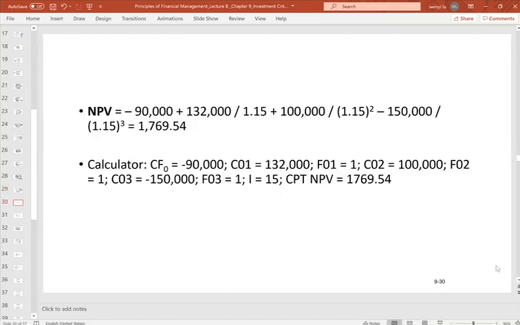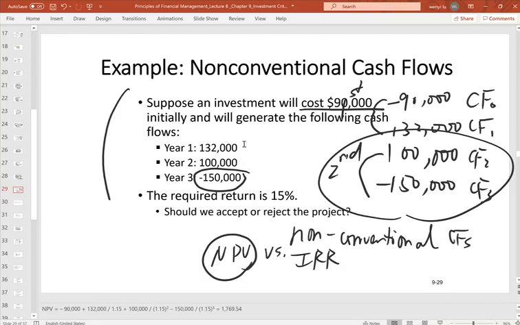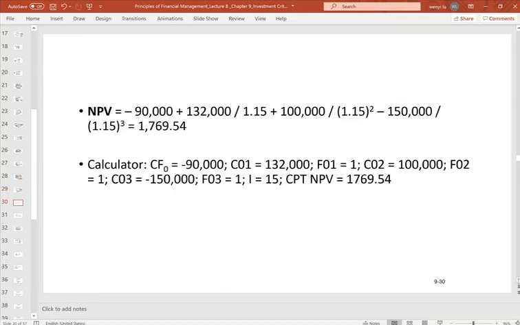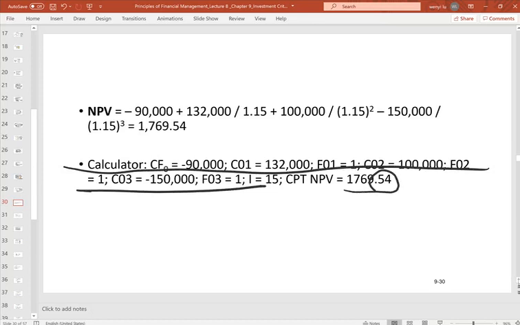For example, if you solve the NPV for these cash flows, using our multiple cash flow keys, you will get $1,769.54.